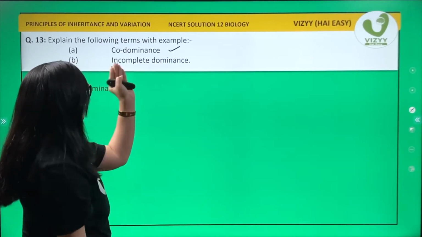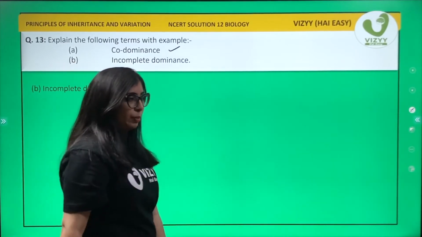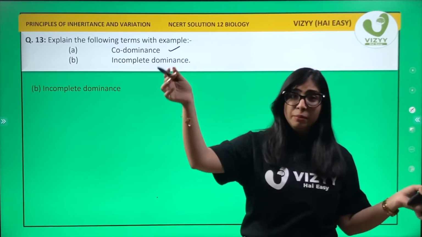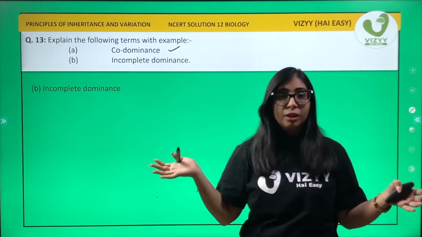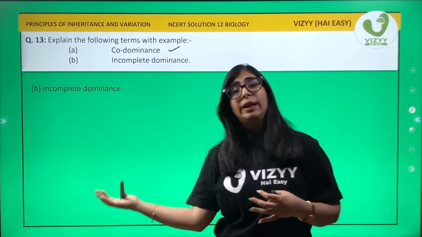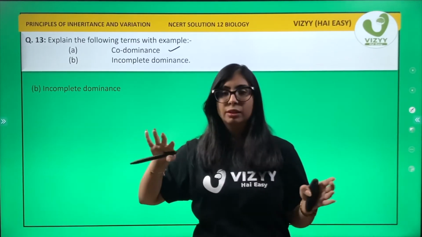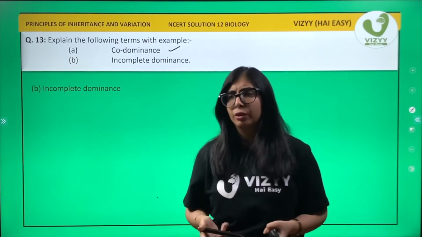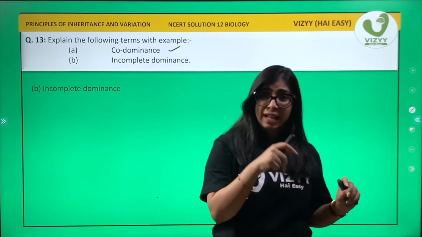Now, something that is incomplete dominance. Incomplete dominance means neither dominant nor recessive, and both of them are mixed together to give out something else. Okay, so that is incomplete dominance. Now, for this experiment, you can take an example of Mirabilis jalapa or a 4 o'clock flower. Now this flower has pure traits of red and white.